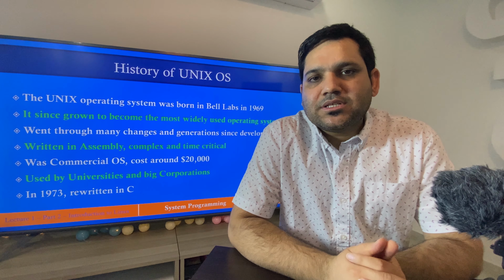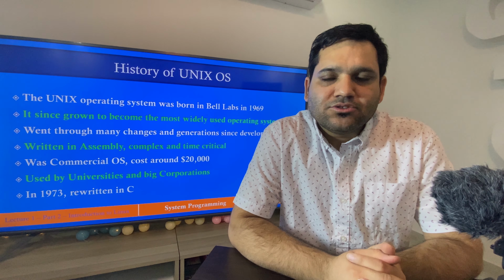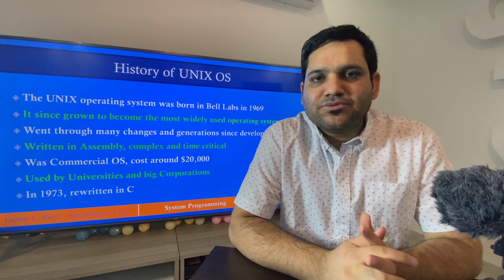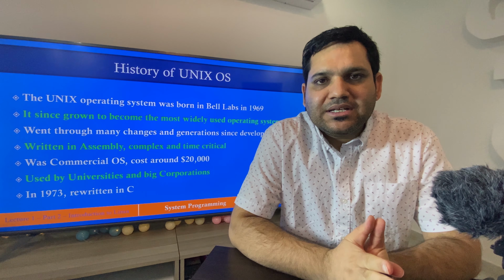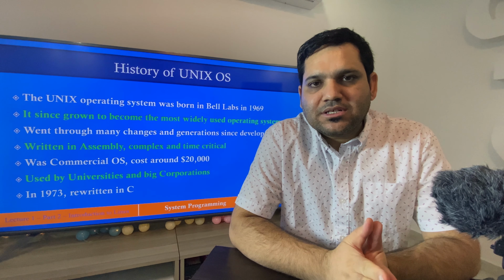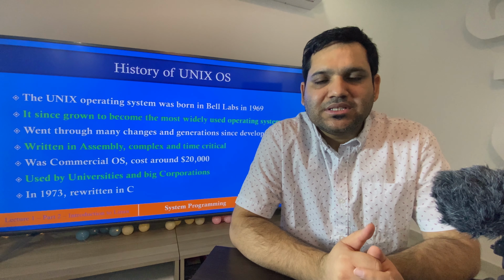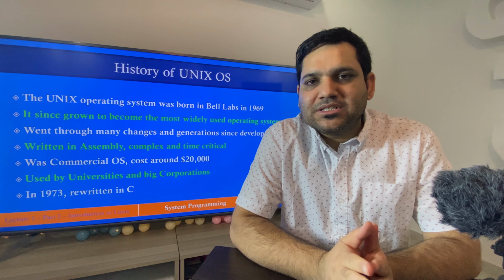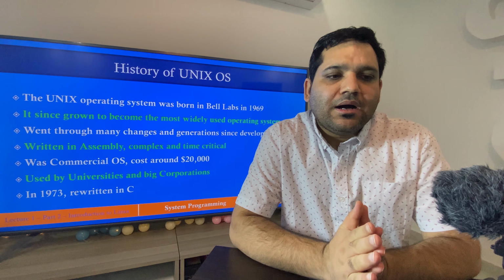The Unix operating system was born in Bell Labs in 1969, so that is around 50 years ago. If we see, the first computer was invented in 1957. So this Unix operating system, a high-end operating system with very complex features, was built around 12 years after the invention of the first computing machine.